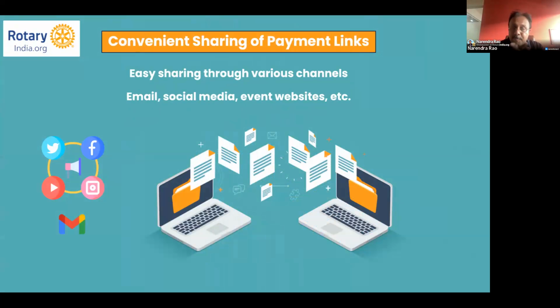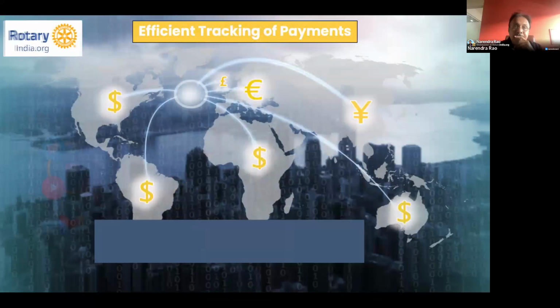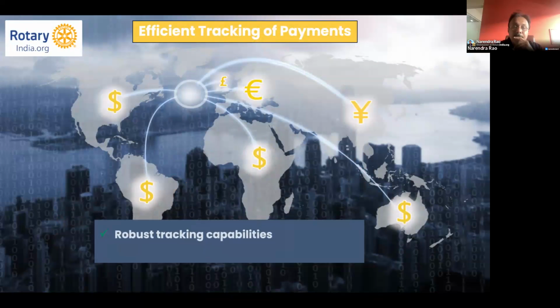You can send it even on websites, and you just have to click on the link and do the process. Not like a printed form, like typically in the district conference, even today people try to print the forms. So आज के दिन में a printed form has come to me, I don't even have a printer to print it. So that headache is completely gone. I can track payments.